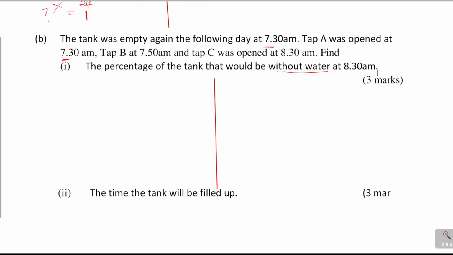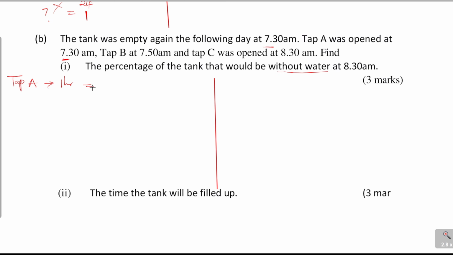You can see the difference in time: A was opened from 7:30 to 8:30. That is 1 hour. So what fraction of the tank will tap A fill in 1 hour?